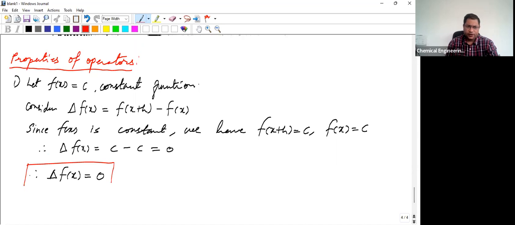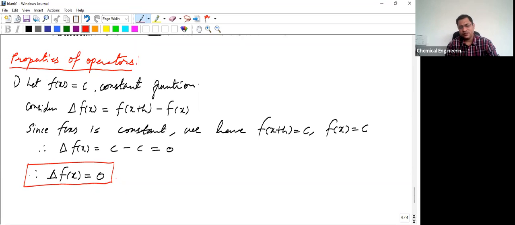So what we got here is that delta f of x is equal to 0. So what we can say here, if we operate the forward difference on a constant function, then the difference is going to be 0. Similarly, this property is applicable for the backward difference, because the backward difference of a constant function is also 0.